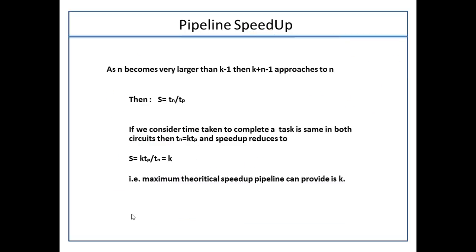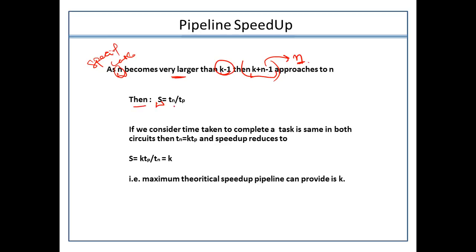Okay, now moving a little bit more advanced: if the number of tasks to be performed is very large compared to the number of stages available, then in k plus n minus 1, we can simply neglect k and minus 1, and say it approaches n, meaning this value will become equal to n. It is a special case. So what will happen here?